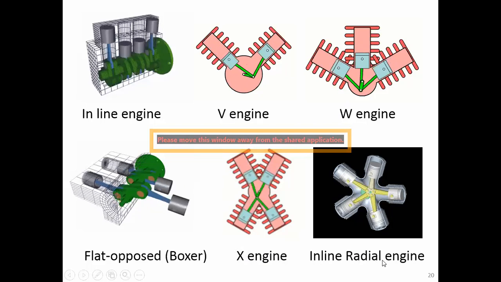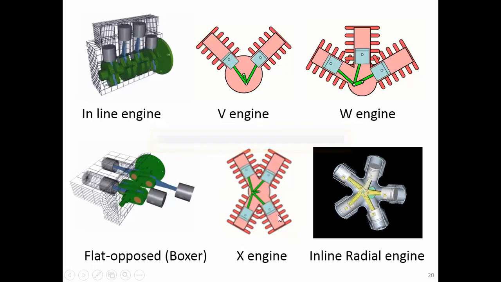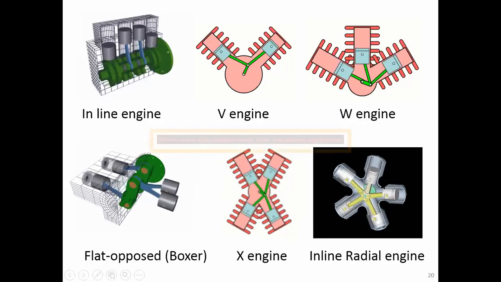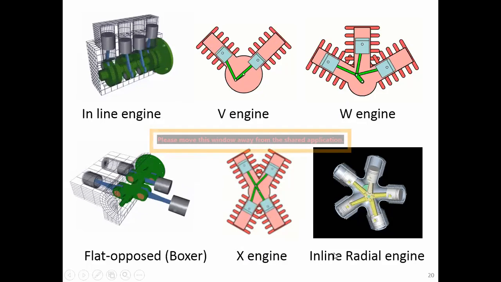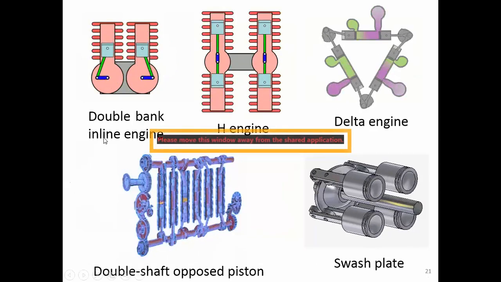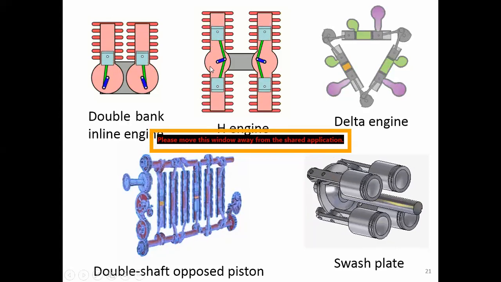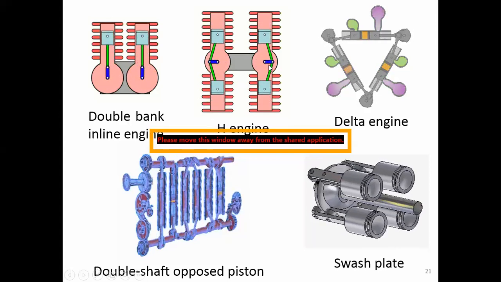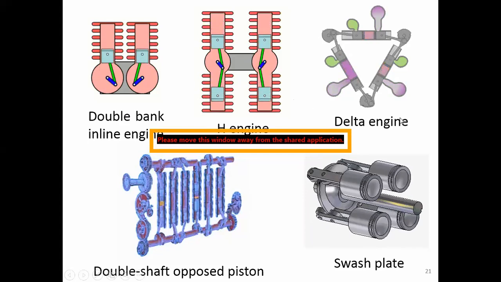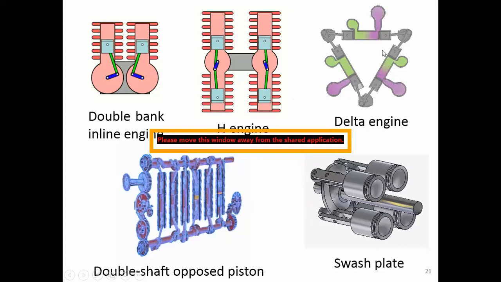And the inline radial engines, similar to the X engine, but you have more than 4 cylinders. This is a double bank inline engine. You have 2 crankshafts. The H engine also has 2 crankshafts. The delta engine, you have 3 crankshafts altogether.